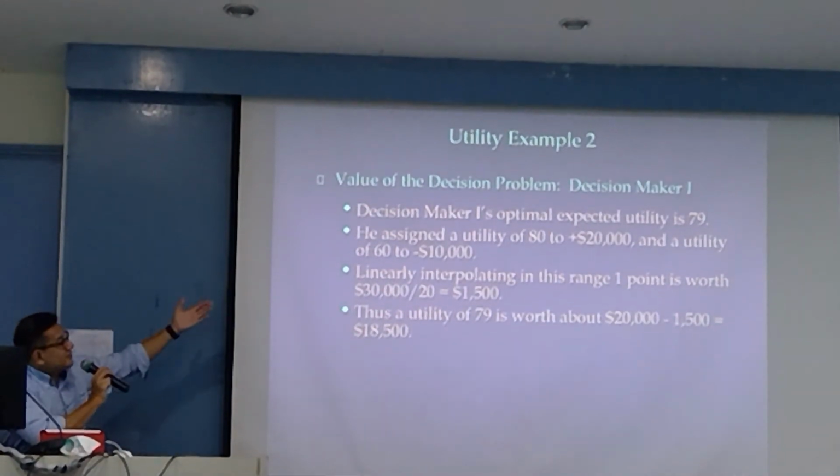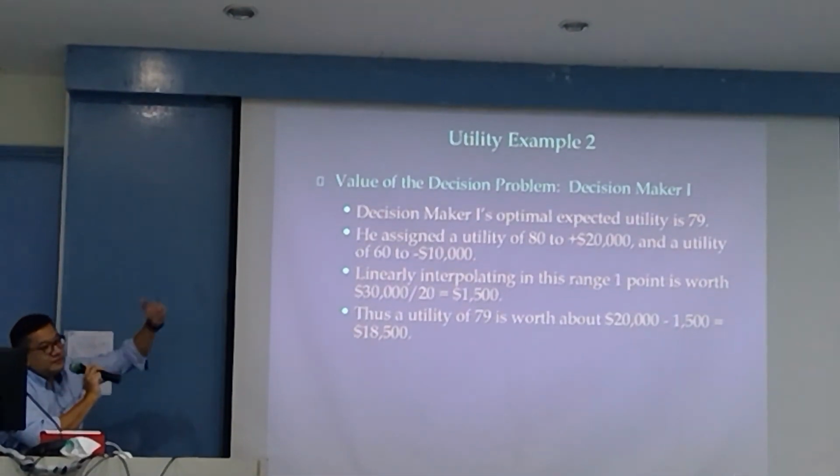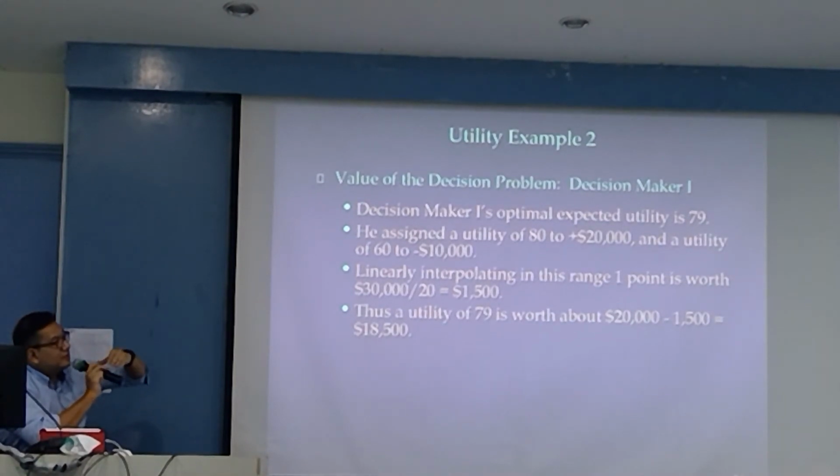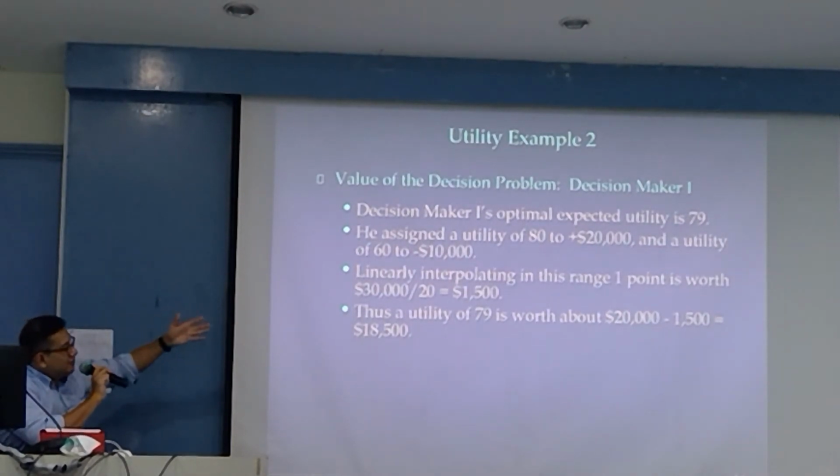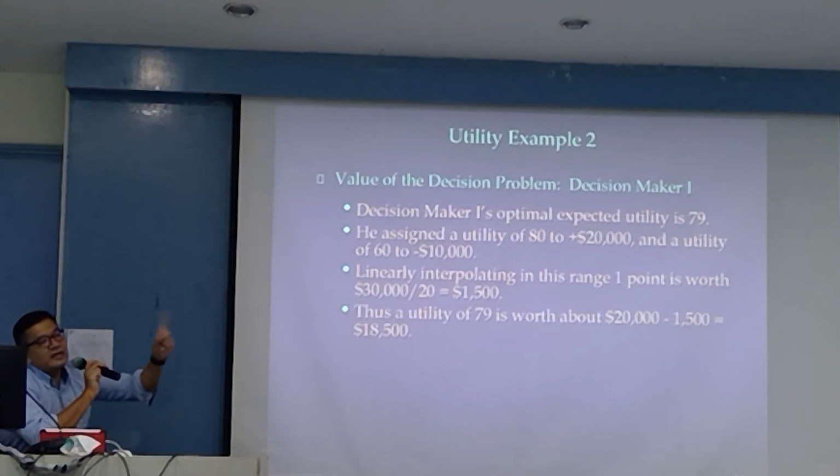So 30,000 is the gap between these two utility values, 80 and 60. Then we use 30,000 divided by 20, and we get $1,500. So it means that every 1 point of utility value is equal to $1,500.